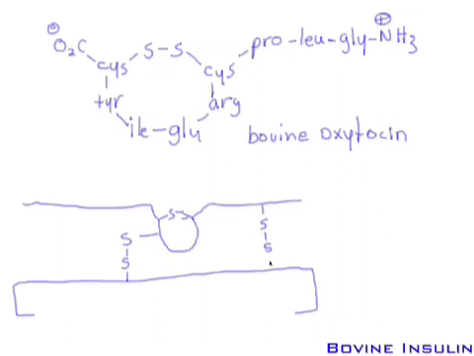So cysteines can lead to cross-linking in peptide chains or loops. Bovine insulin is an example of a larger peptide that has both loops by disulfide bridges and crosslinks, where two chains are held together. You're responsible for being able to recognize these two. You do not have to draw them. Obviously, I'm not going to make you draw bovine insulin.